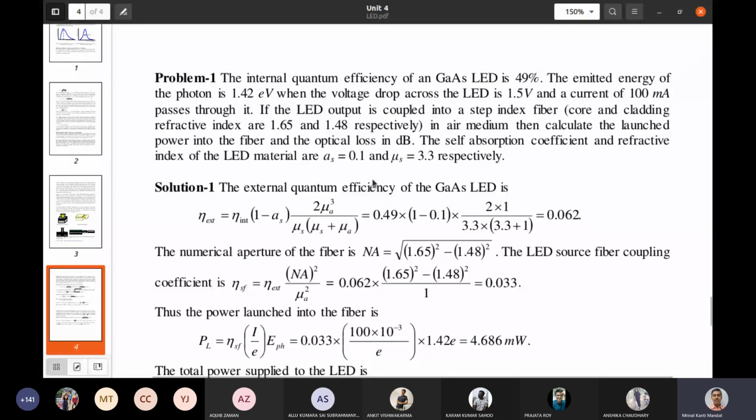Oh, sorry, it is in air. So that is why I have taken mu A equal to 1, 2 into 1. Then mu S is 3.3.